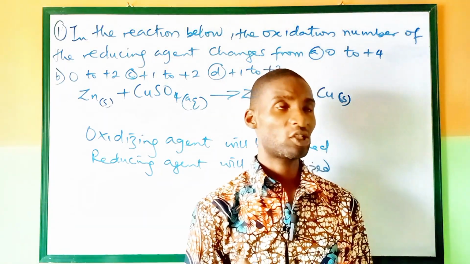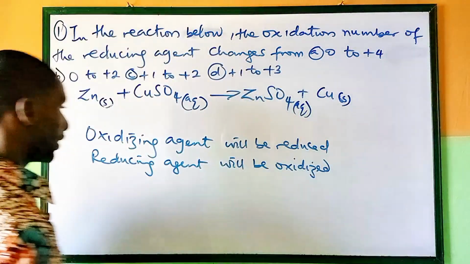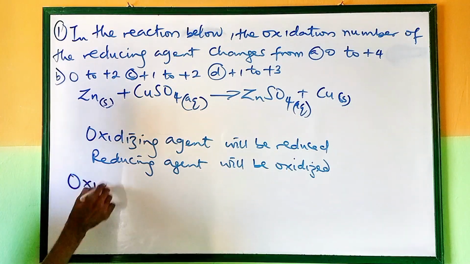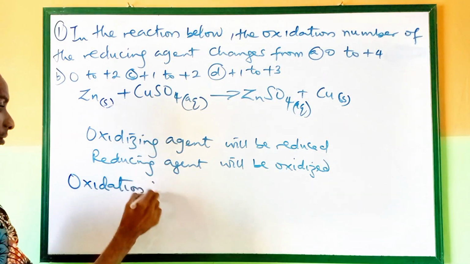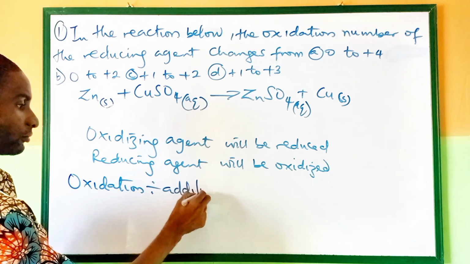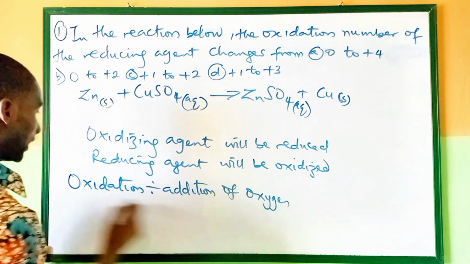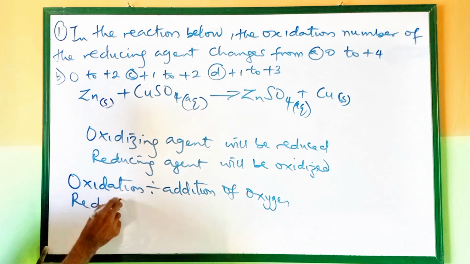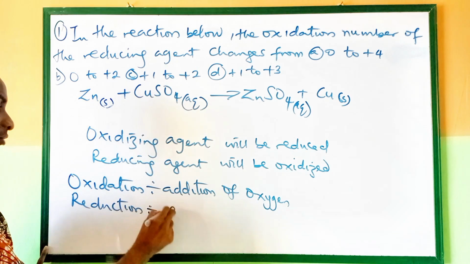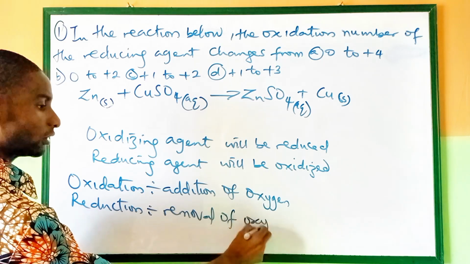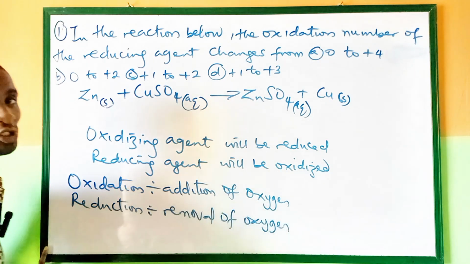Now, in terms of oxygen, oxidation is addition of oxygen, and the reduction is removal of oxygen. That is in terms of oxygen.